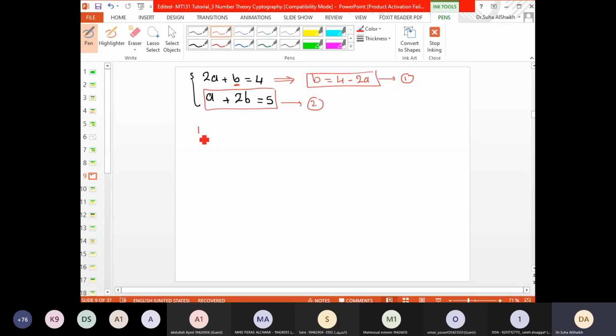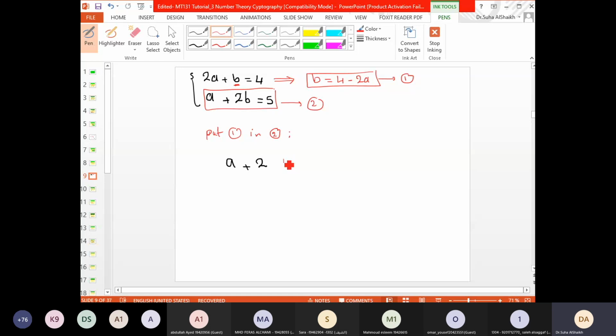The second step: I'm going to put equation 1 in equation 2. I will substitute equation 1 inside equation 2. How is that? Here, this is equation 2, it is A plus 2, and what is the B in this case?